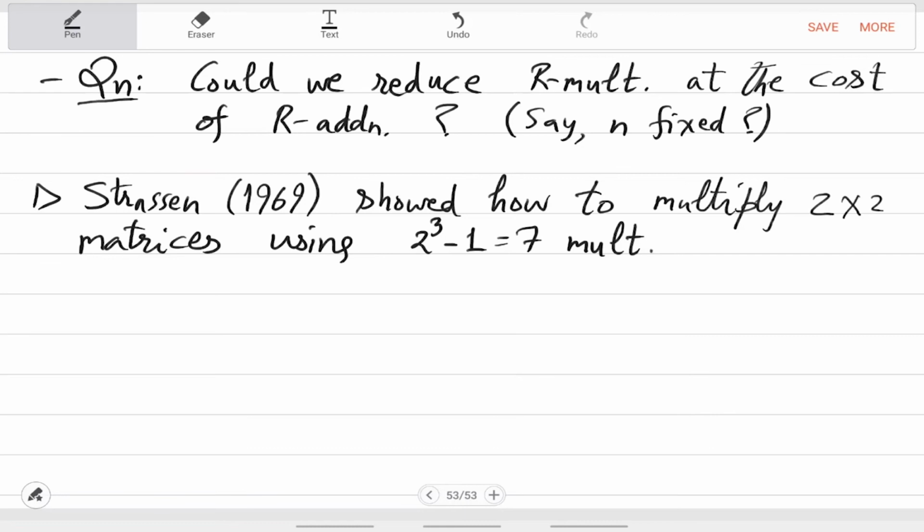Additions will be slightly more. The additions in the base algorithm were 4. In his case, it is 18.